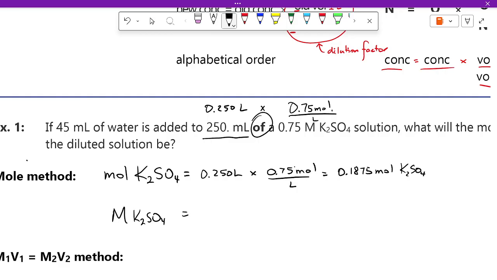So, how should we show that that's what we're calculating? Yes. Square brackets. Okay. Concentration of K2SO4, and we want this to be the diluted solution, so I'm going to put a little DIL down at the bottom just to say that's my diluted.